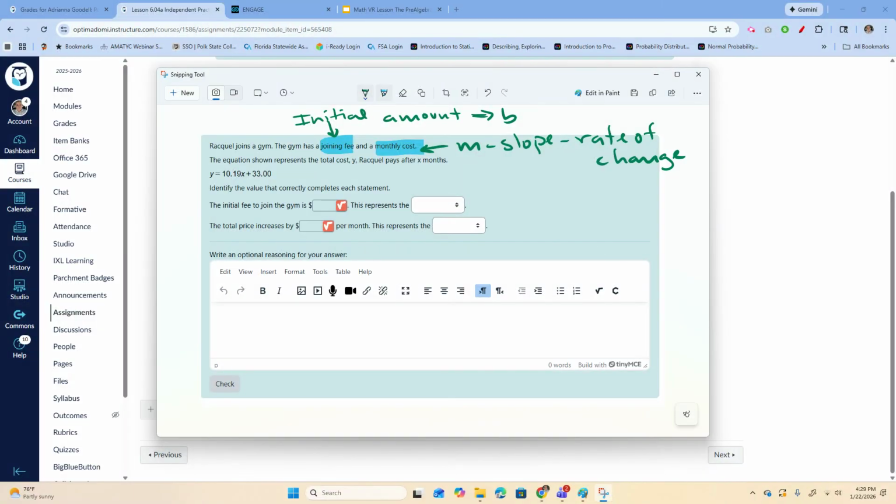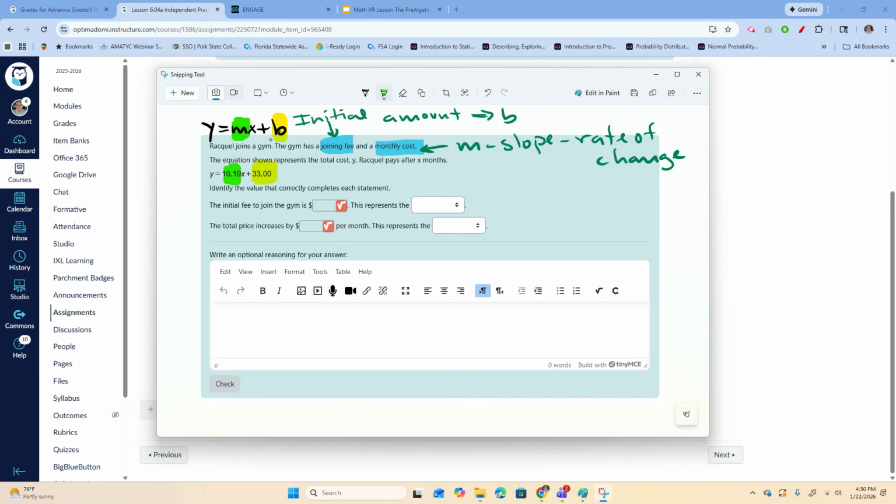So if you look at the equation, b is this number here, because remember, all the equations look like this: y equals mx plus b. The b is my y-intercept, so 33 is my b. And my m is going to be the number multiplying the x, which is 10.19.